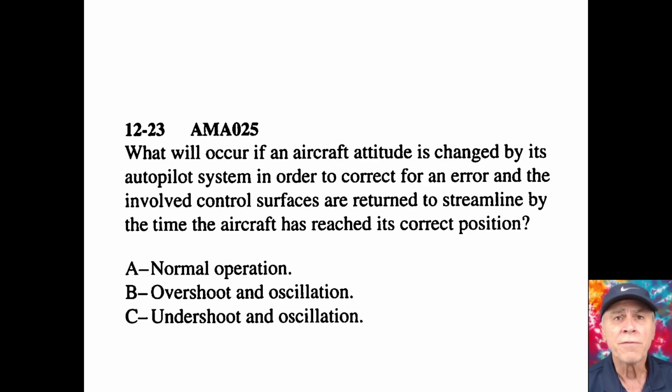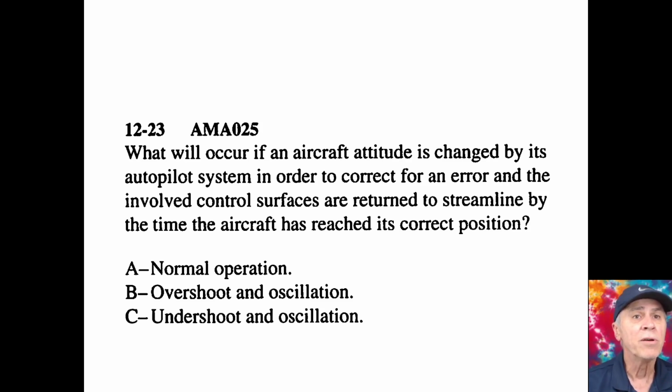What will occur if an aircraft attitude is changed by its autopilot system in order to correct for an error, and the involved control surfaces are returned to streamline by the time the aircraft has reached its correct position? Kind of talking about that with a follow-up signal. Basically, they corrected for an error. They had to turn the rudder, and then it goes back to normal.